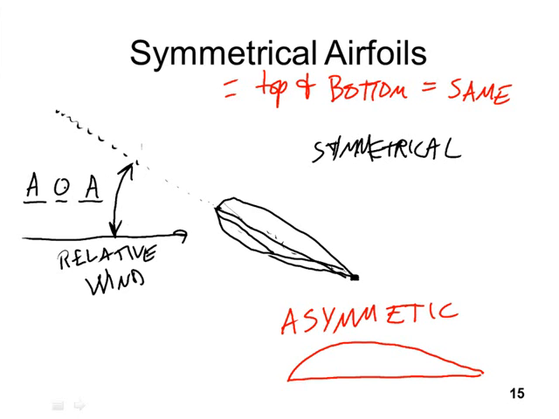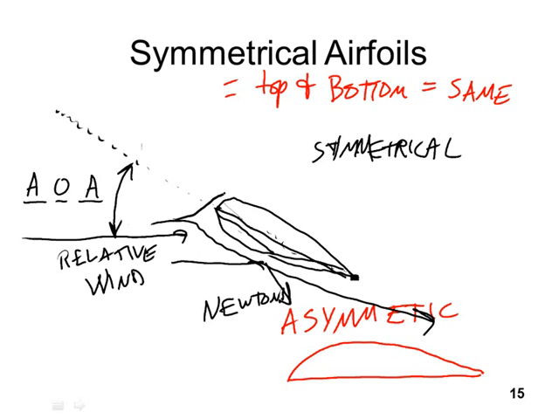Now, if we have an angle of attack that's anything more than 0, then the air that hits it, this relative wind, is going to get pushed down. So there's Newton's kind of lift. But what is also going to happen is air is going to go down along the bottom of the wing, and air is going to go across the top and down.